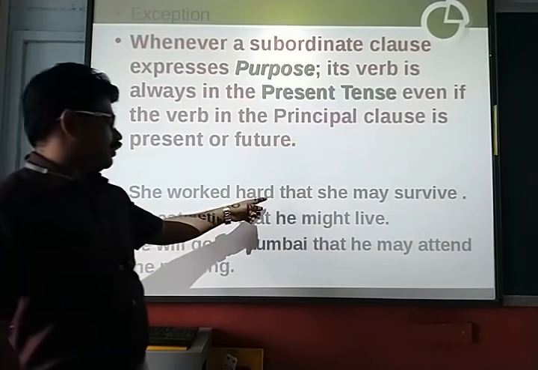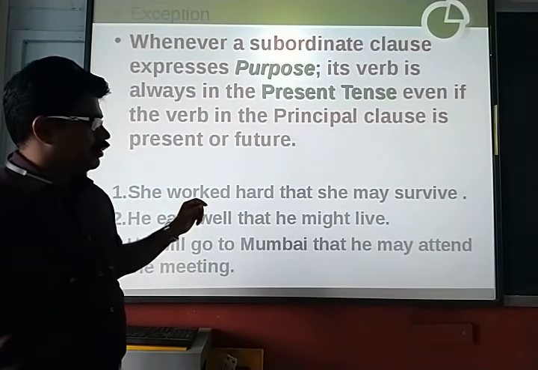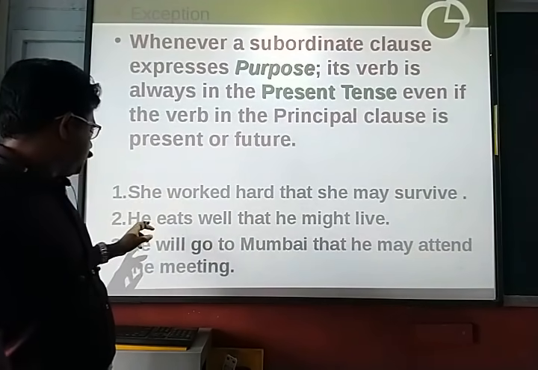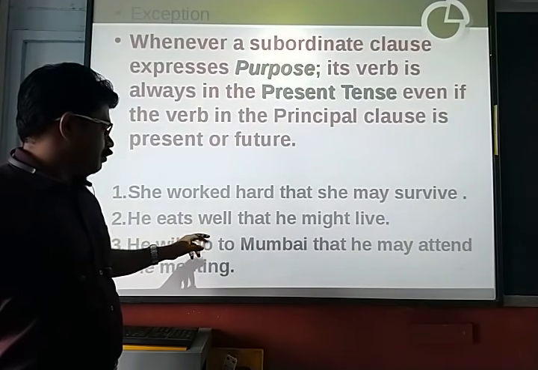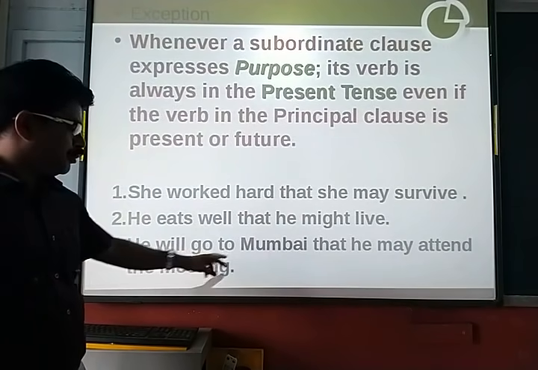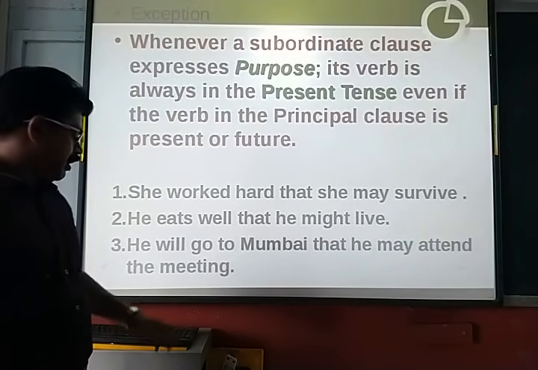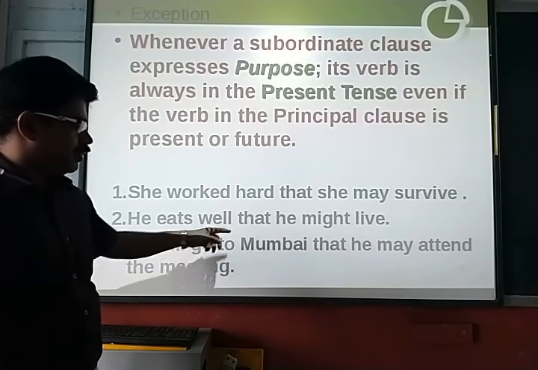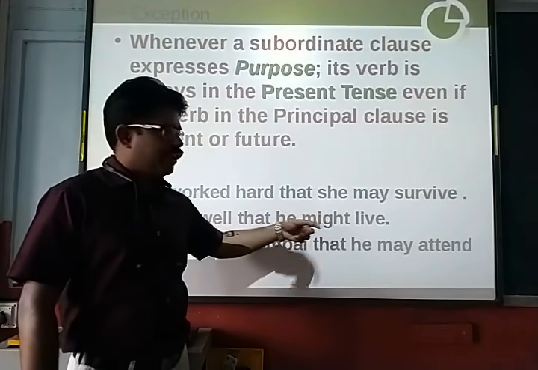She worked hard that she may survive. He eats well that he might live. He will go to Mumbai that he may attend the meeting. He eats well, present tense, that he might, again it is past tense.